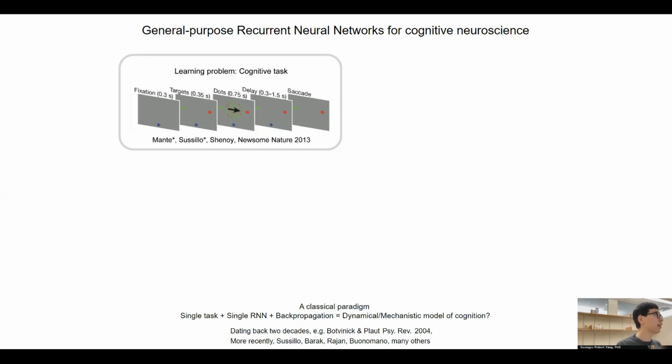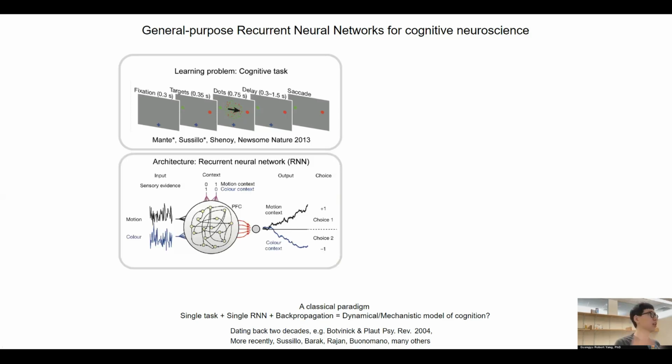Right? So you would take a task like this, or you can take other tasks that people have trained animals or humans to do. And then you take a recurrent neural network. These networks are called recurrent because the neurons are usually connected to one another, and quite often there's no structure, but you can also add some structure to it, so they can be sparsely connected, for example.